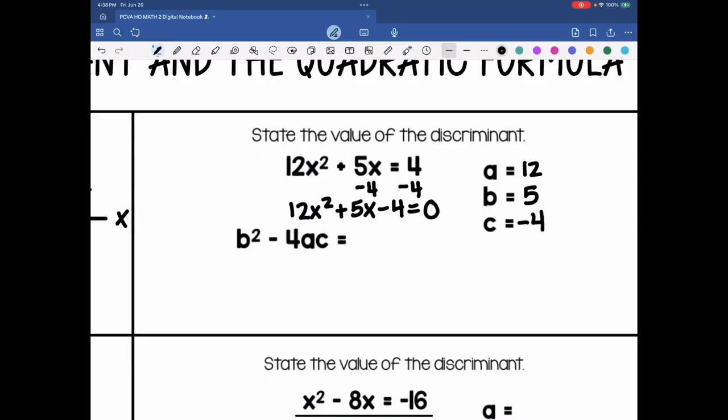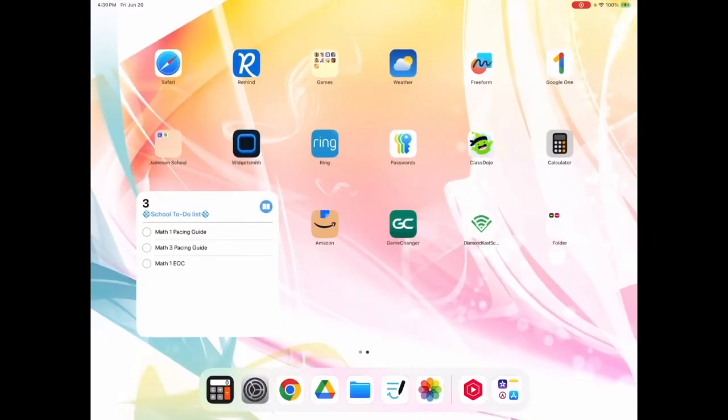So we're going to calculate the discriminant. So we're going to say 5 squared minus 4 times my A, which is 12, times my C, which is negative 4. All right, so I'm going to go to Desmos. I'm going to pull the calculator up.